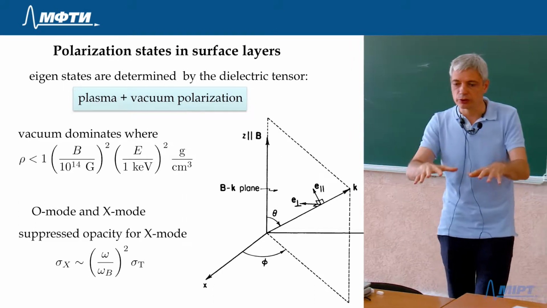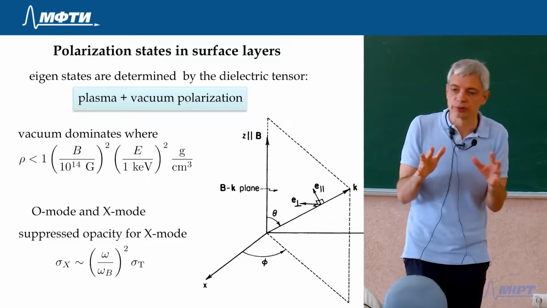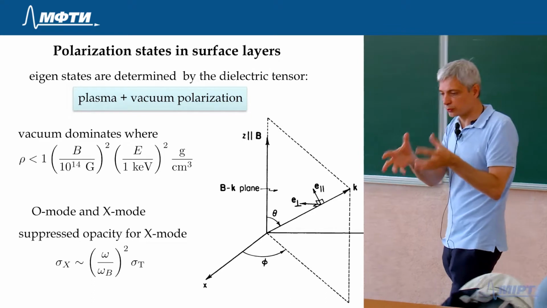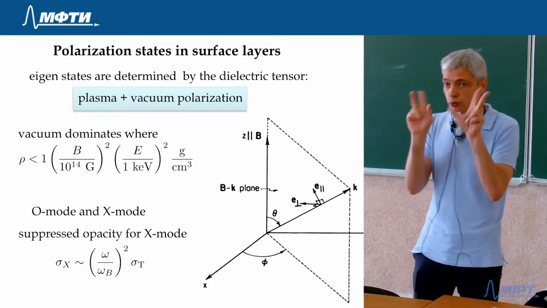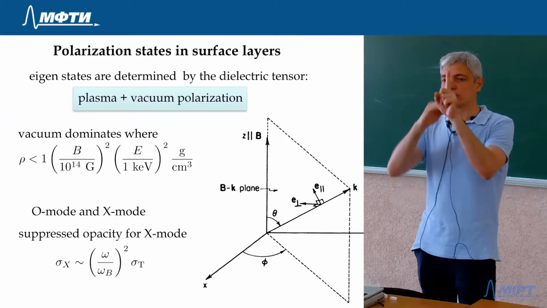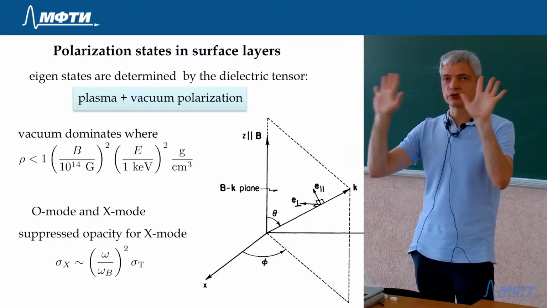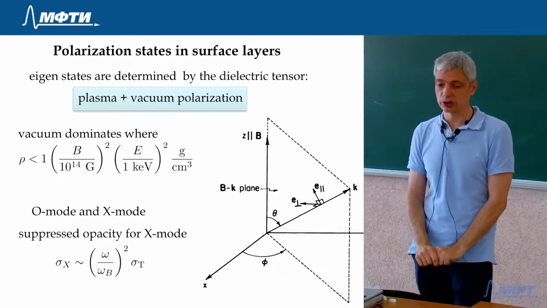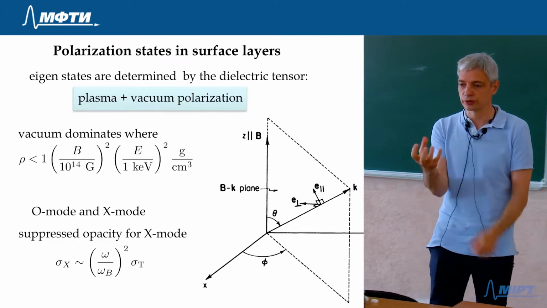So in the deep interior of the star, well, not very deep, where density is above 1, let's say, or 10 grams per cubic centimeter, you have photon eigenstates determined by the plasma response. Still two linearly polarized modes. Once the photon enters the region of lower density, now it doesn't care about the plasma. Its eigenstates are controlled by the vacuum polarization. The photon feels the vacuum electron-positron pairs, the virtual pairs.